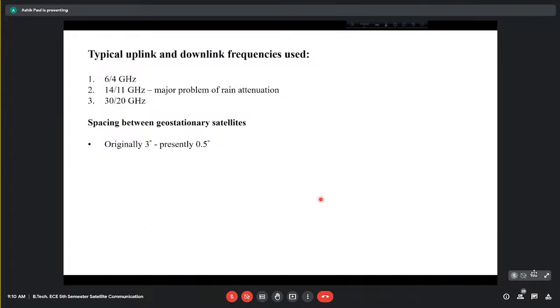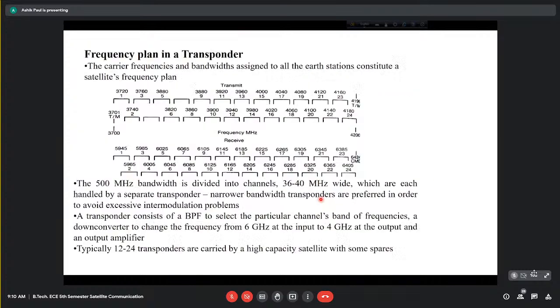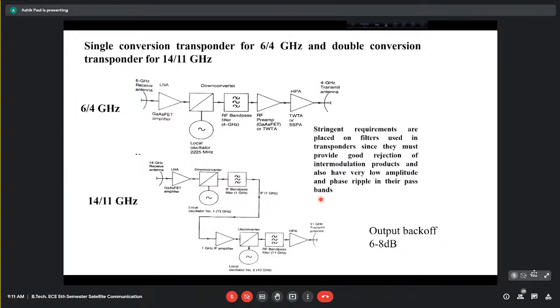If we are using the 6/4 gigahertz bandwidth, then it could be a single stage conversion from the 6 gigahertz receiving signal at the satellite to a 4 gigahertz transmitting signal at the satellite. Whatever these hardwares represent, they are all on board the satellite. They are not at the Earth station.